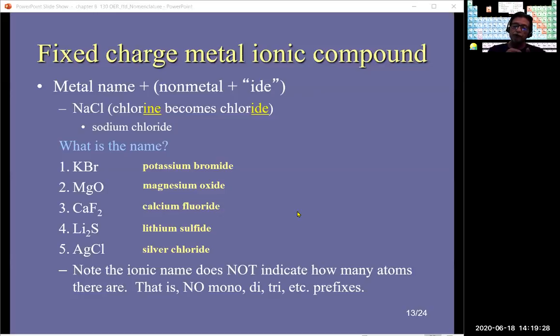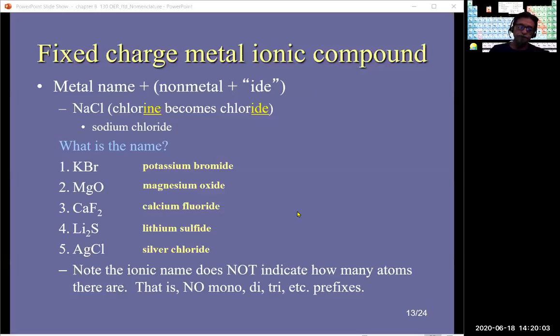That would be incorrect for number 4 if you were to write dilithium sulfide. That is not the accepted name for that compound. And these names are accepted names not just for our class, but for the world. There's an organization that keeps track of naming compounds so that we're all consistent, whether we're dealing with chemistry here or on the other side of the world. Chemists would use the same nomenclature throughout.